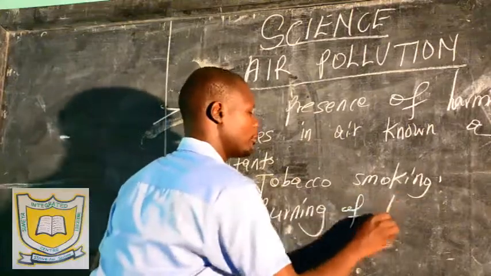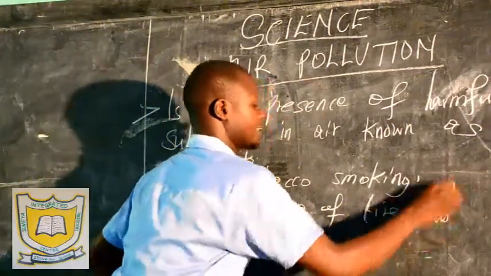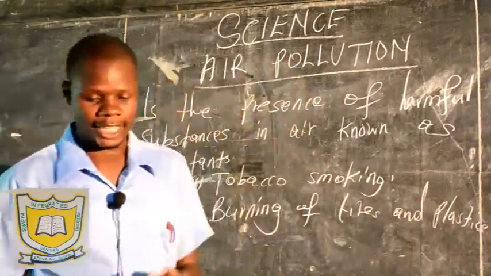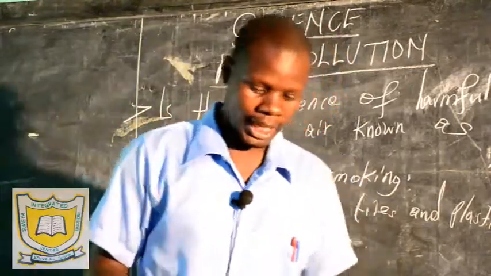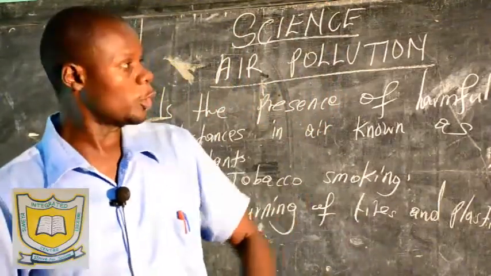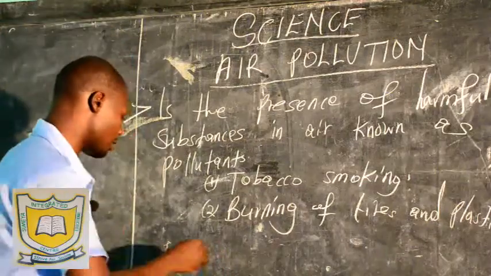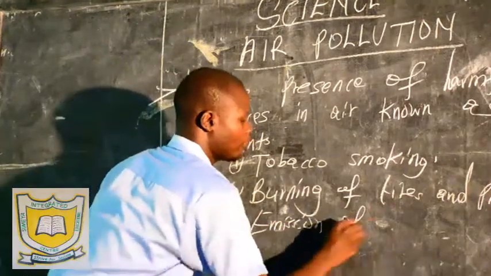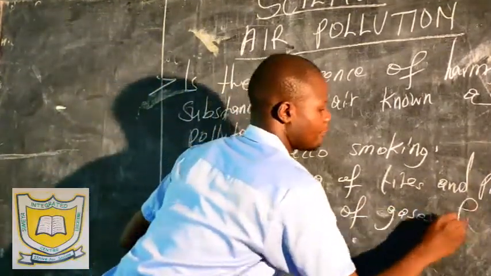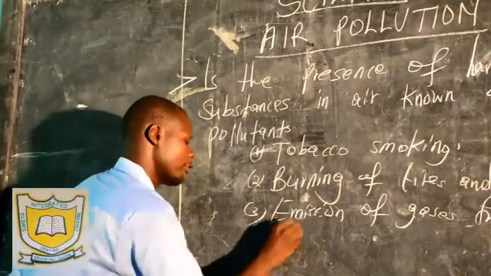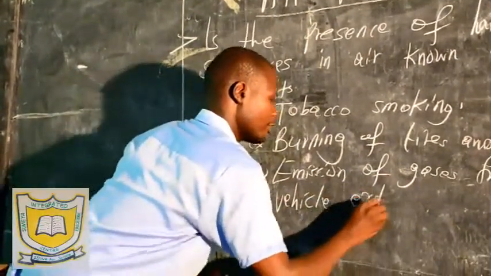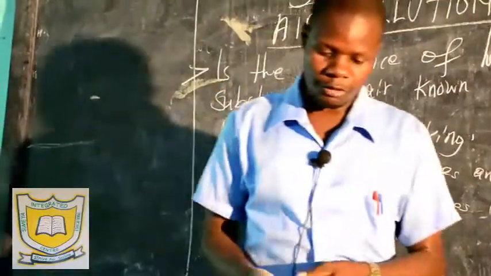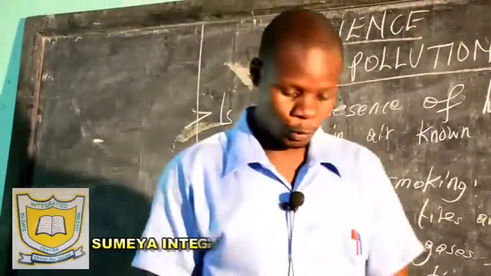That is another way on which the air can be polluted. And then we have emission of gases from vehicle exhaust. Emission of gases from vehicle exhaust is another way of polluting the air.